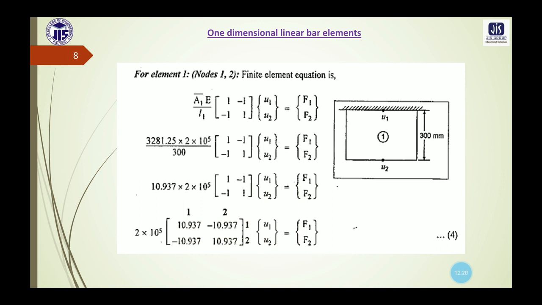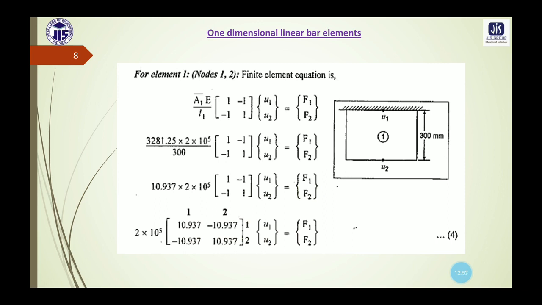Now for element 1, which we can see in this diagram, the nodal displacements are U1 and U2 and its length is 300 millimeter. If we apply the finite element equation here, we write A1 bar E divided by L1 multiplied by the symmetric matrix multiplied by the column matrix of U1, U2, which equals the force vector F1, F2.